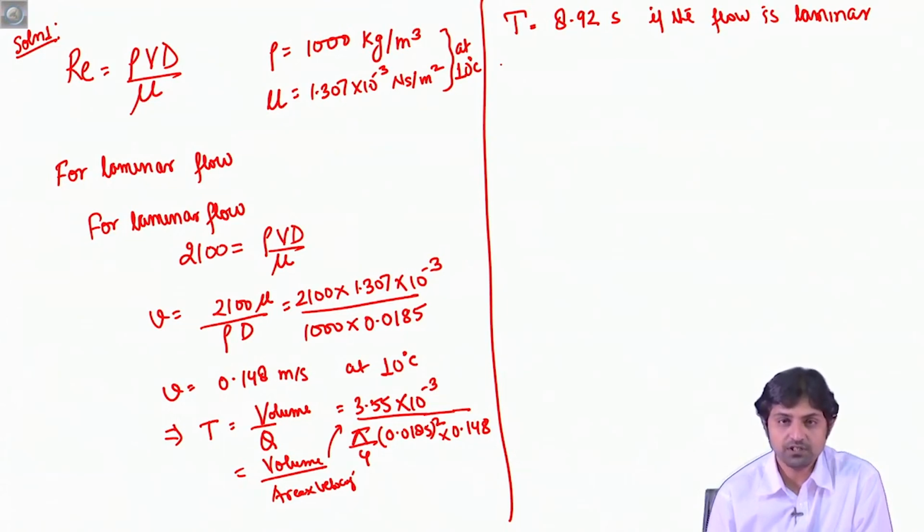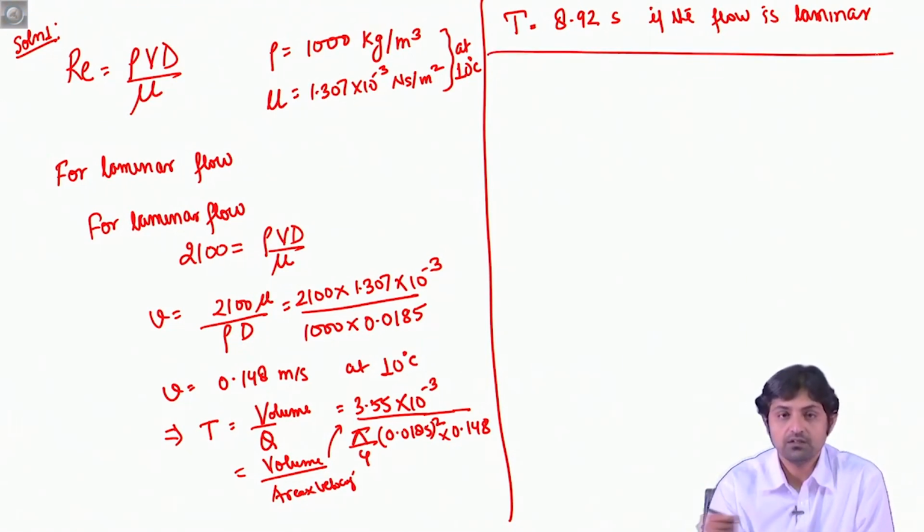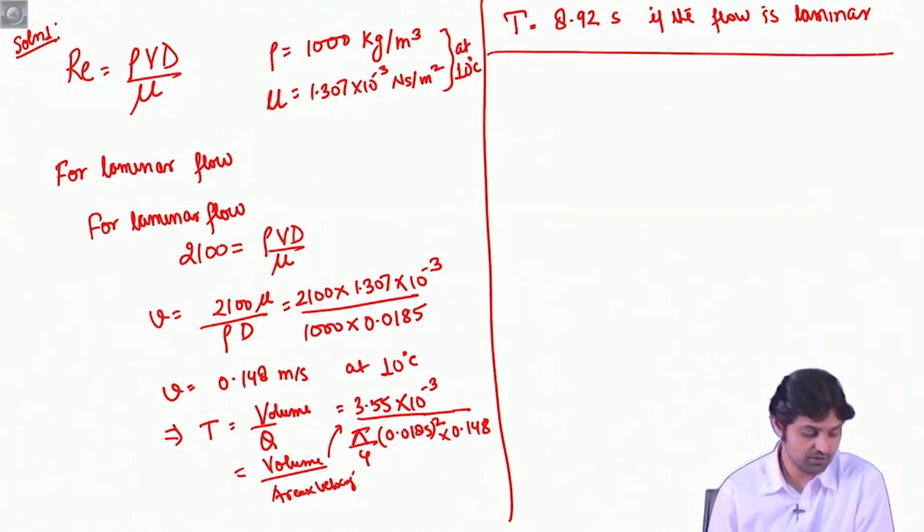But here the question is, what is the maximum time taken if the flow is to be turbulent? The maximum time taken will be when the velocity is minimum. So the minimum velocity required for a turbulent flow will correspond to a Reynolds number of 4000.